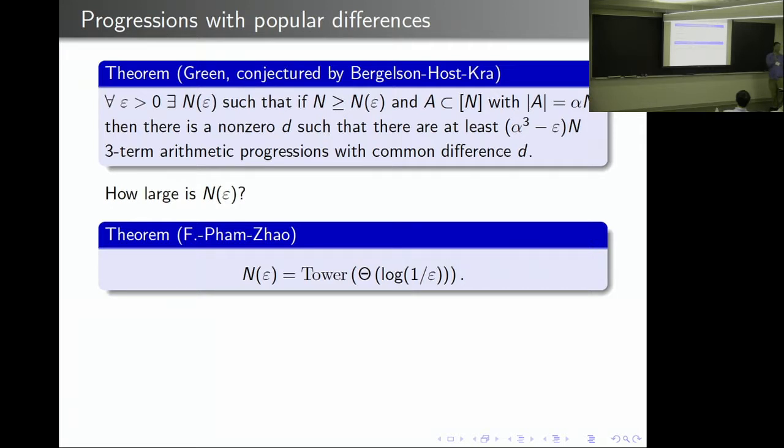So there's a constant fraction of them, but it depends on epsilon, and that constant fraction is actually very small as a function of epsilon. Should be, because N of epsilon is so large. Right. Yeah.